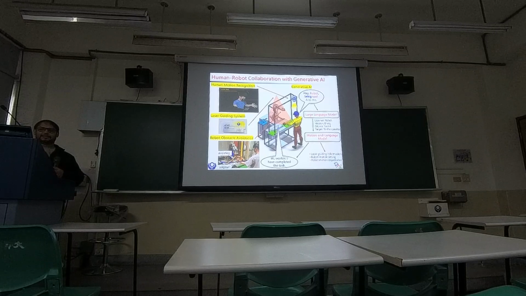Now everything is there, but it has a lot of complicated algorithms which are already predefined. But what happens when there is a change of workspace or a change of your target work? If you are doing a specific task already assigned to the robotic arm, it's working fine.